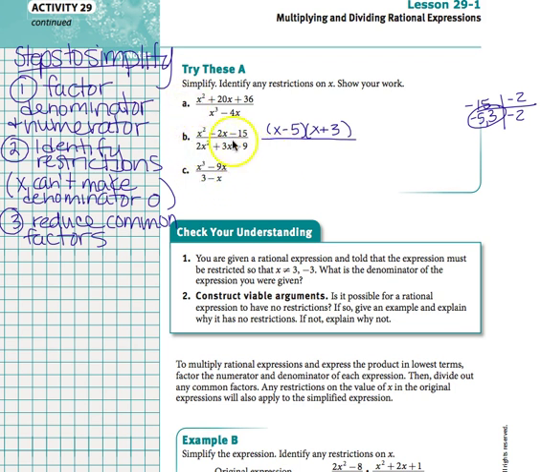Again, there is no GCF here. So that means that I move on to the next step, which would be special products. This I know can't be a special product because 2 doesn't have a perfect square root. So this again is going to be chart factoring.